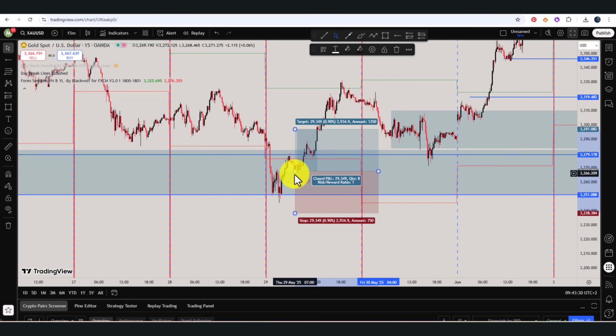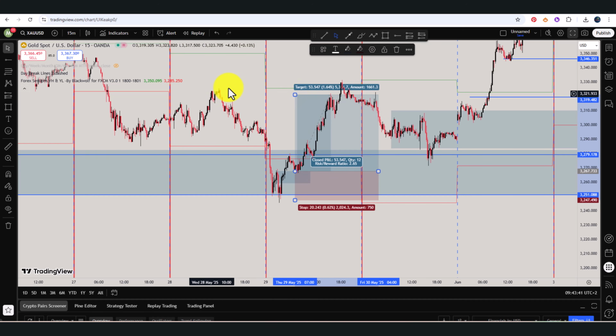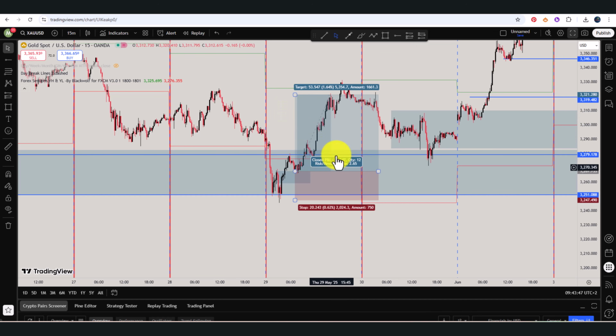And as you can see here, price just came and got you in the trade. So this would have been your stop loss, and you were going to go for 1 in 2. Remember, 1 in 2, or you were going to target any highs that are on your left. And this was my 1 in 2.65. And as you can see, this is how the price moved away and got you into the money.